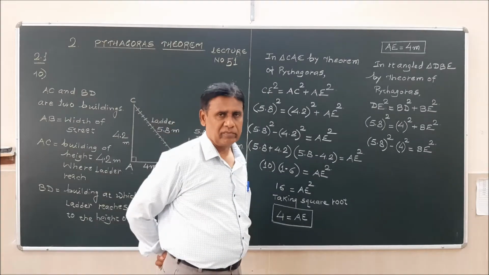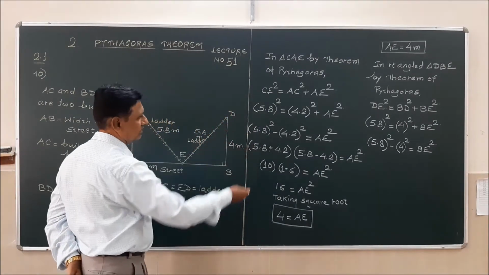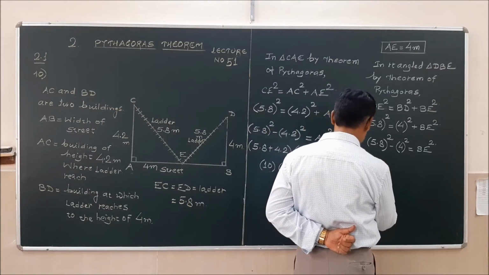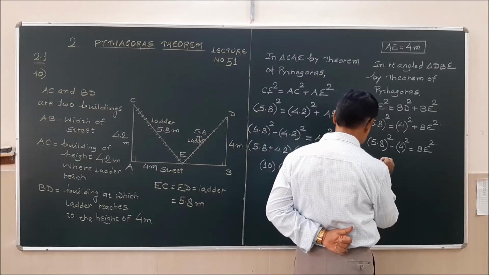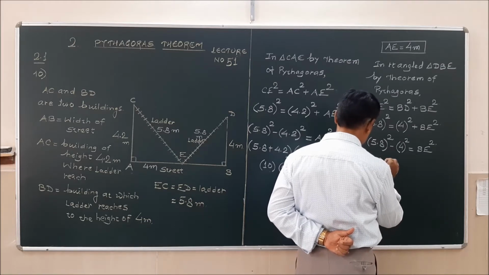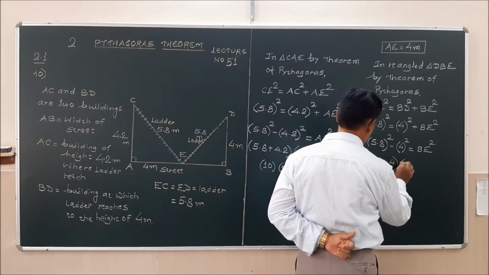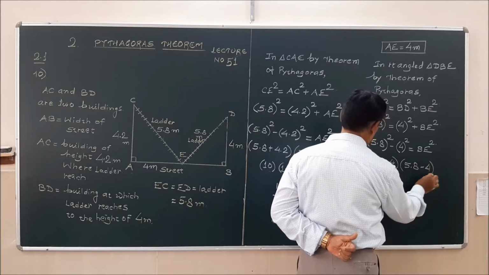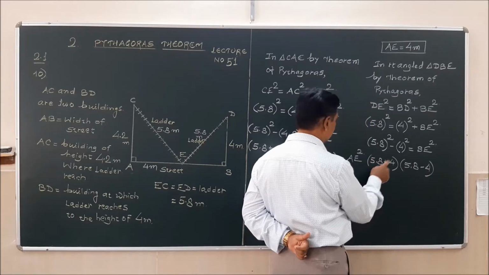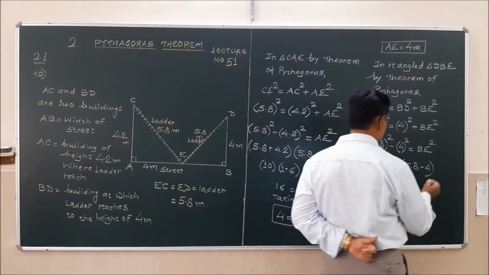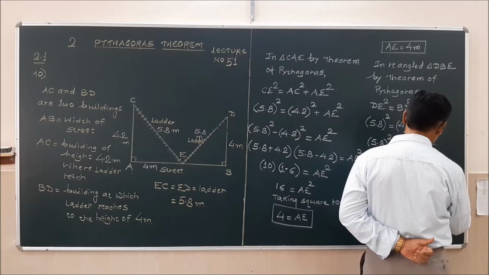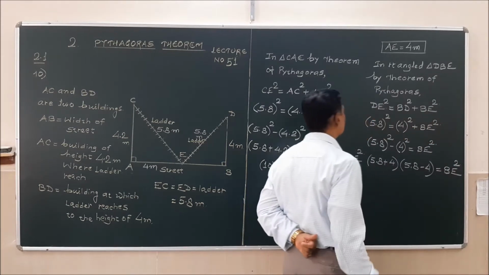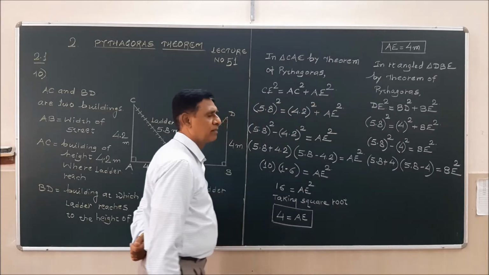Again we'll use the same formula as we have done here: A plus B, A minus B. So 5.8 plus 4 and 5.8 minus 4, A plus B, A minus B, that is equal to BE square.